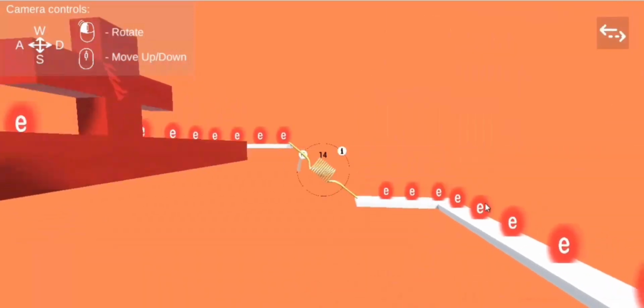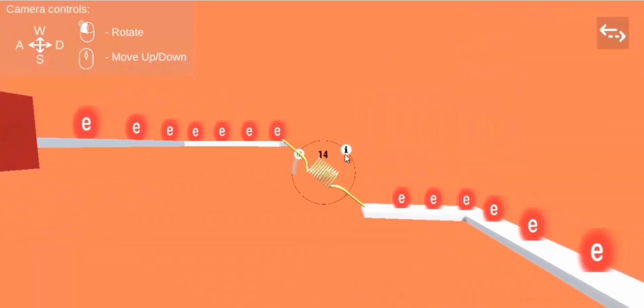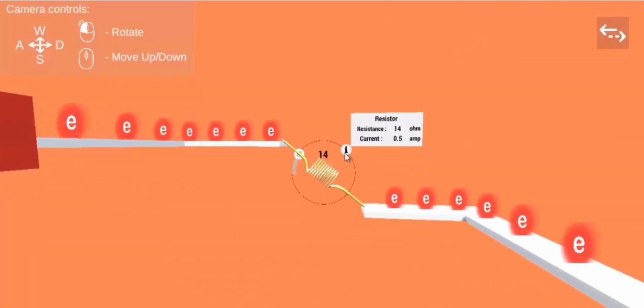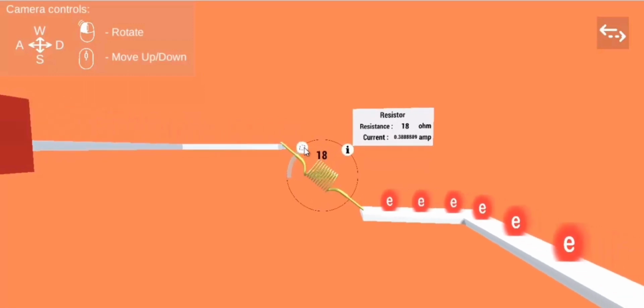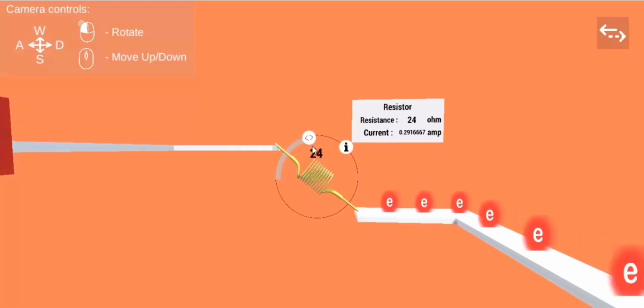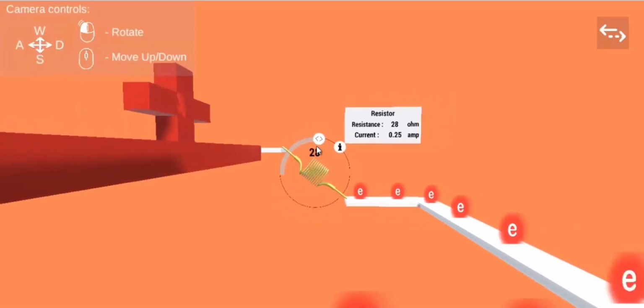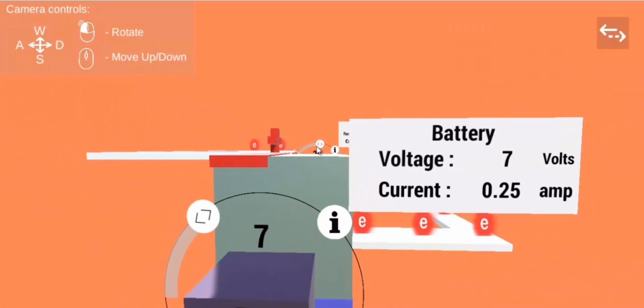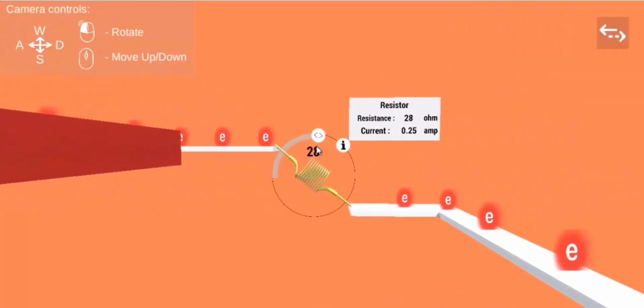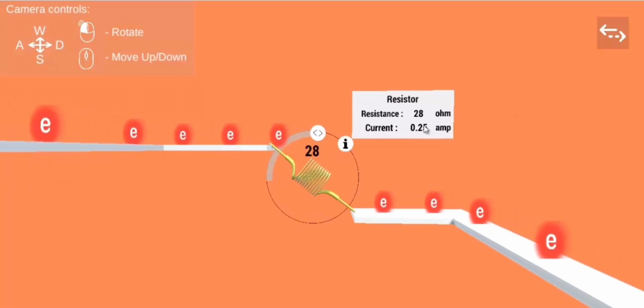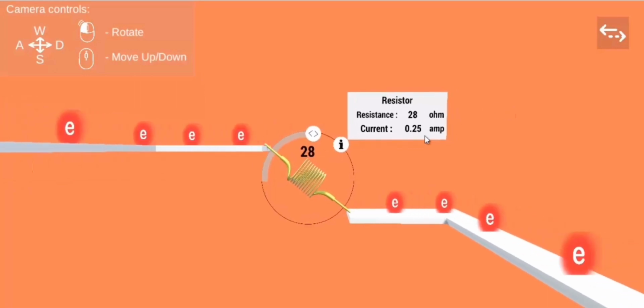So with this simulation we could see that the current actually changes according to Ohm's law. If I change this further till 28, because the voltage is 7 volt and the resistance is 28 ohm, we see that the current is 0.25.